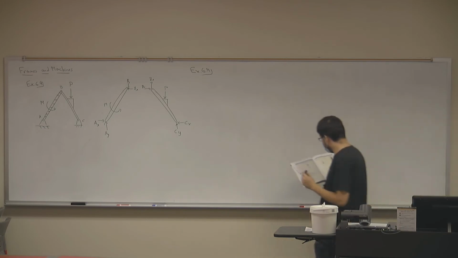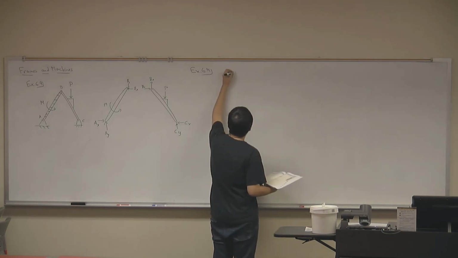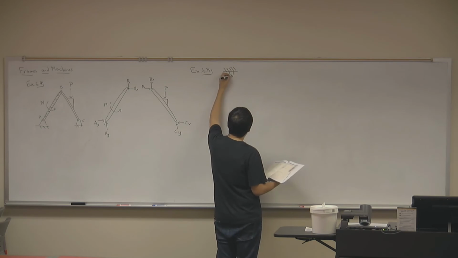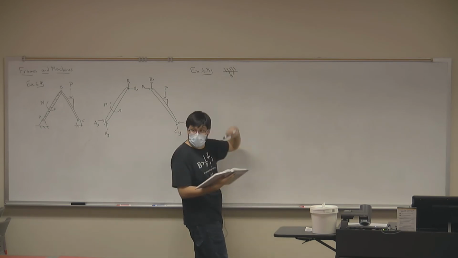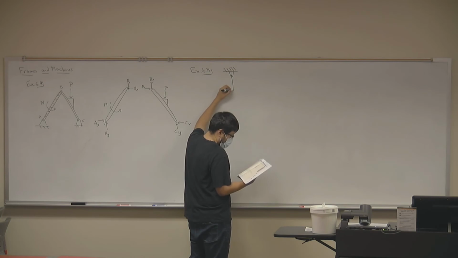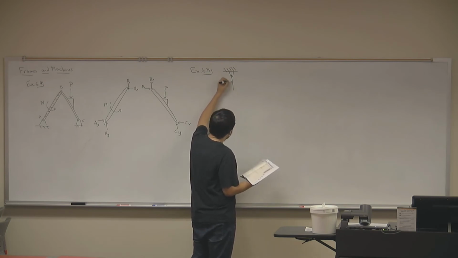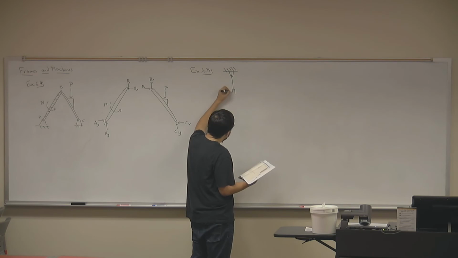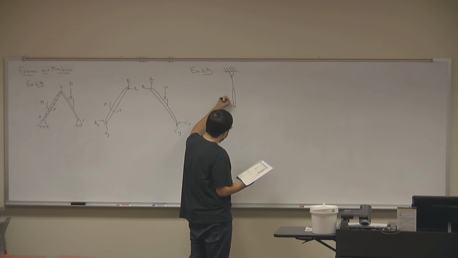All right. So we're going to have a system of pulleys. You're going to want to look at your books. We have a cable connected to some hinge that is connected to this beam that is connected to this pulley.